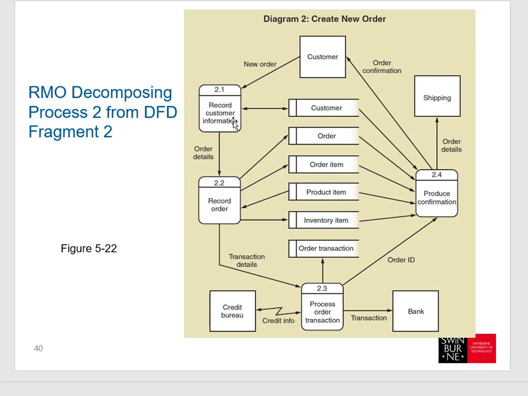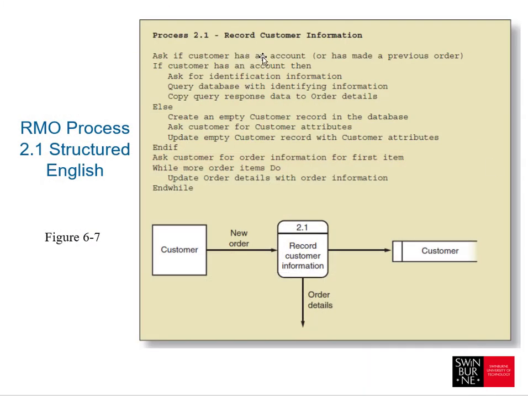So we are recording customer information, right? So this is the breakdown of the diagram 2 process, right? So this process, recording customer information, is described in detail in this process description.